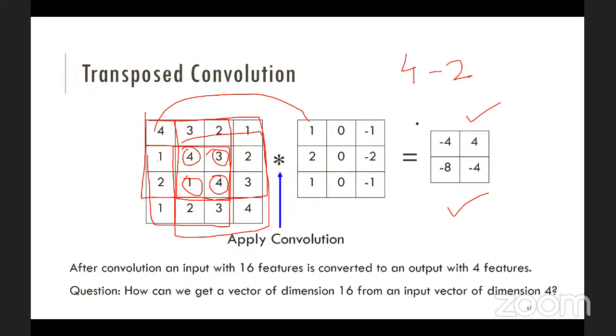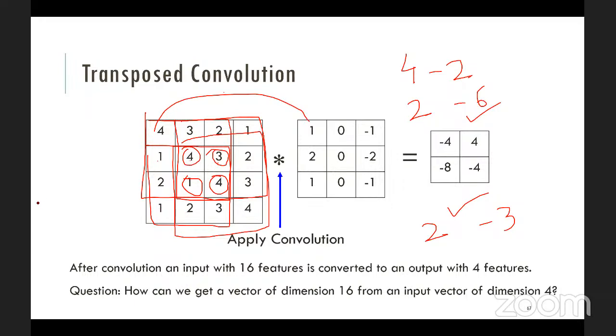Then 1 multiplied by 2, that is 2. Then 4 multiplied by 0, 3 multiplied by -2, that is -6. Then 2 multiplied by 1, that is again 2. 1 multiplied by 0, and 3 multiplied by -1, that is -3. So 4 plus 4 is 8, then -6, -8, -11. So -11 and 8. That is how you get the results here.